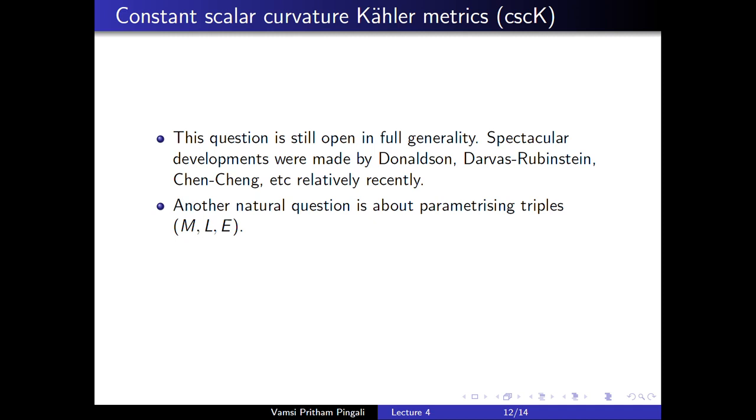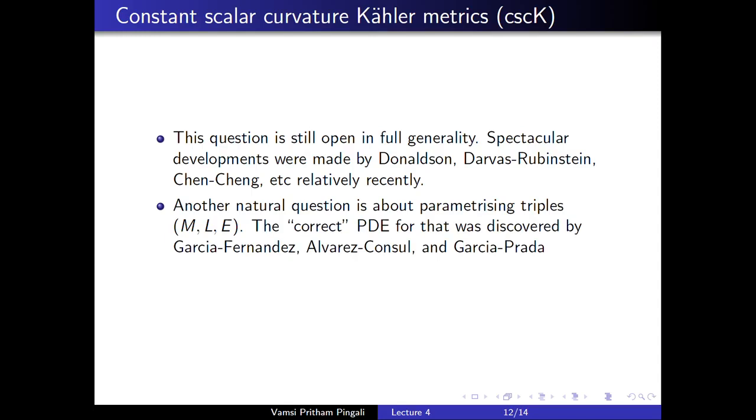Of course, we can ask one more natural question. Why pairs? Why not triples M, L, and E, where E is a holomorphic vector bundle? The correct PDE for that moduli space was discovered by Mario Garcia Fernandez, Luis Alvarez Consul, and Oscar Garcia Prada. It's called the Kahler-Yang-Mills equations.